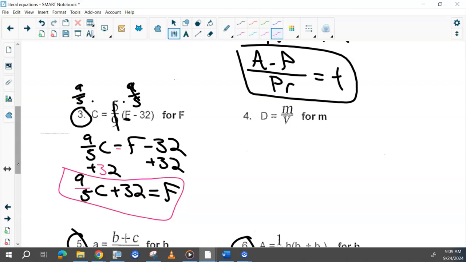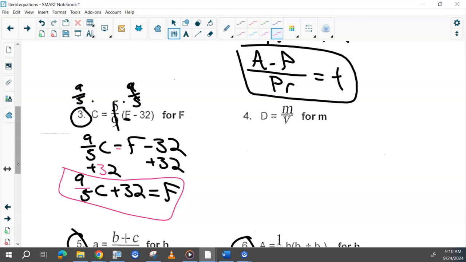Questions on that one? Some of these are actual real formulas you can use in real life. So if you're ever curious on how to convert Celsius to Fahrenheit, that is that.